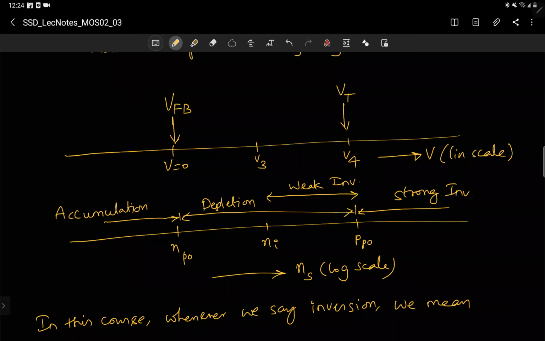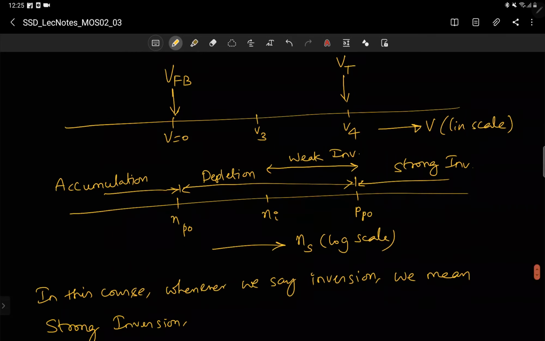And there are names given for these voltages. For a preliminary, introductory course like this, we will not assign a name for the intermediate voltages. So we assign a name like VFB for this voltage, and for V4 we assign a notation like VT.